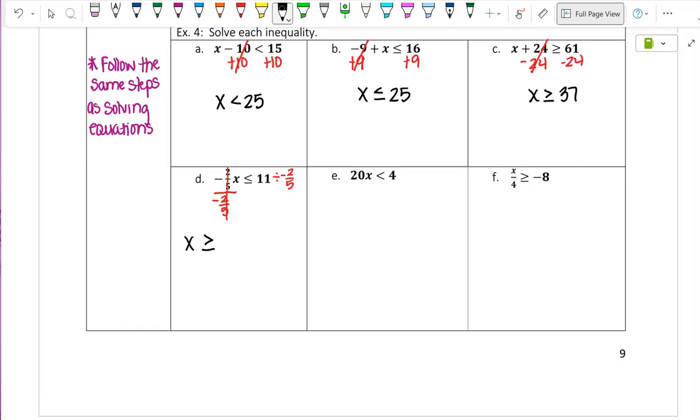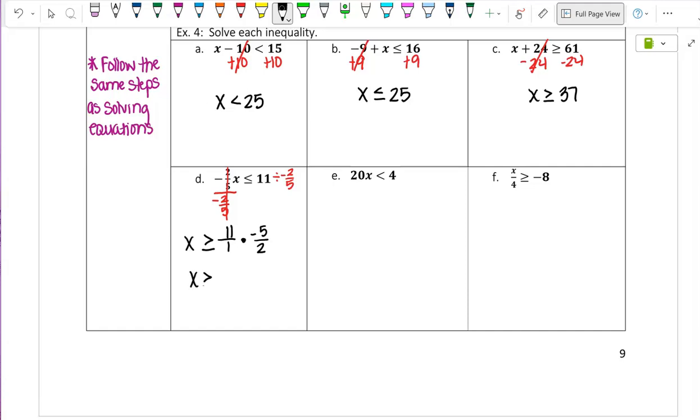Because we're dividing by a negative, we're reversing that inequality symbol, and that is 11 over 1 times, because we don't really divide, we invert and multiply, times negative 5 over 2. So we change our division to multiplication and we invert our fraction.